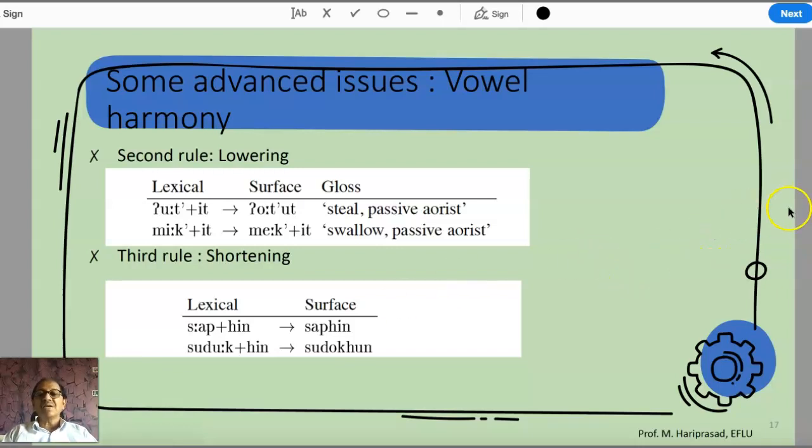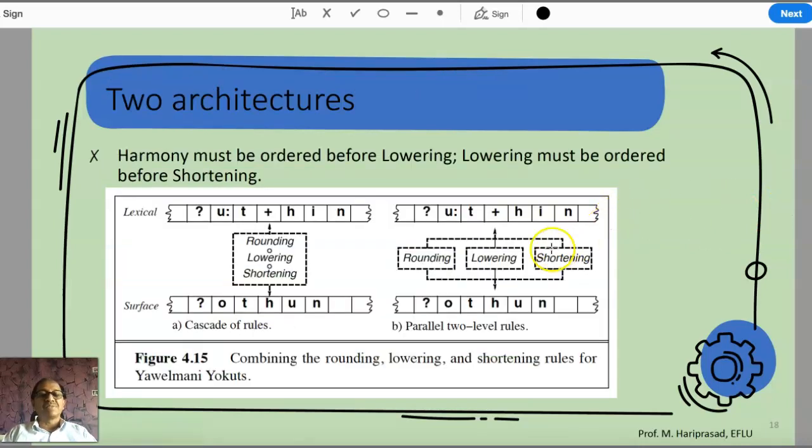Okay, so let's look at certain words and see what happens. All the three rules can apply in an ordered fashion. Rounding applies first, lowering applies next, shortening applies last. So when you have hutuin, right, hut, so you have a rounded long vowel, and you have a short front unrounded vowel.